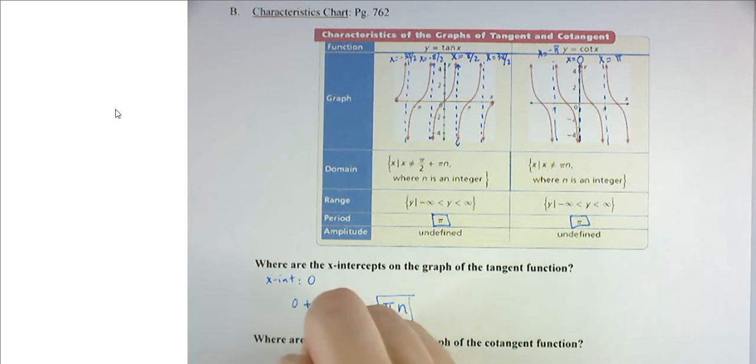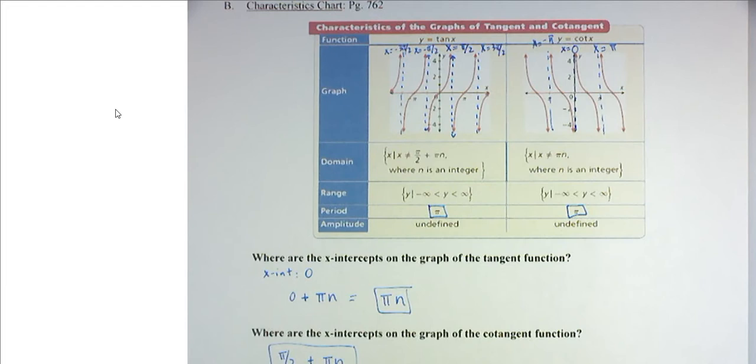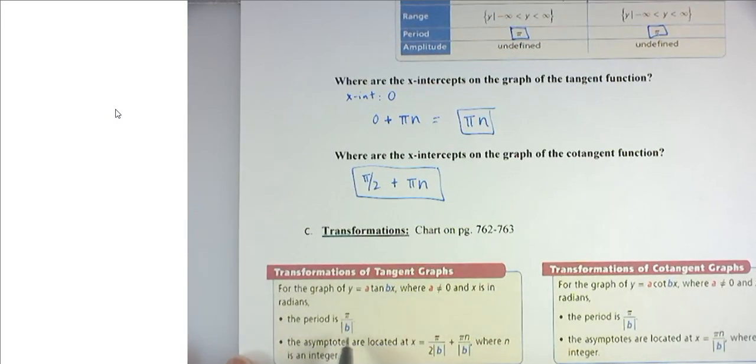All right, and then the transformation boxes are going to let you know your new formula to find the period. To find the period for tangent or cotangent, instead of doing 2 pi over b, you just do pi over b, because it repeats itself every pi.